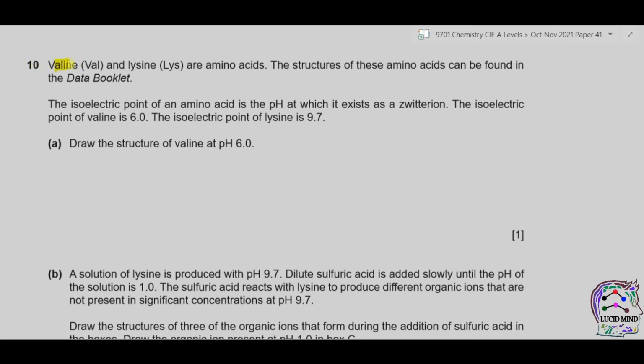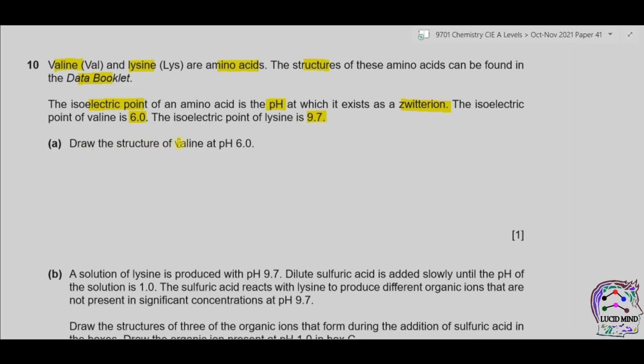Question 10. Valine, VAL, and lysine, LYS, are amino acids. The structure of these amino acids can be found in the data booklet. The isoelectric point of an amino acid is the pH at which it exists as a zwitterion. The isoelectric point of valine is 6.0. The isoelectric point of lysine is 9.7.